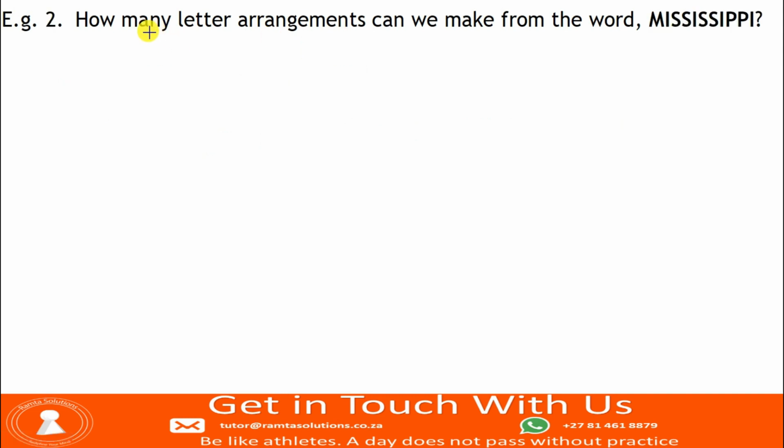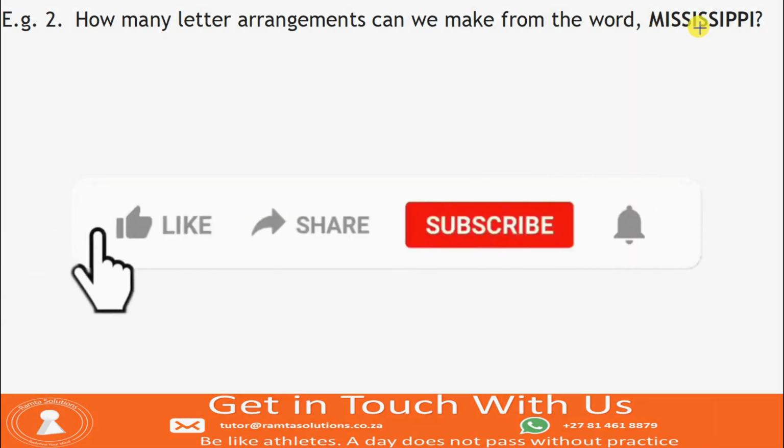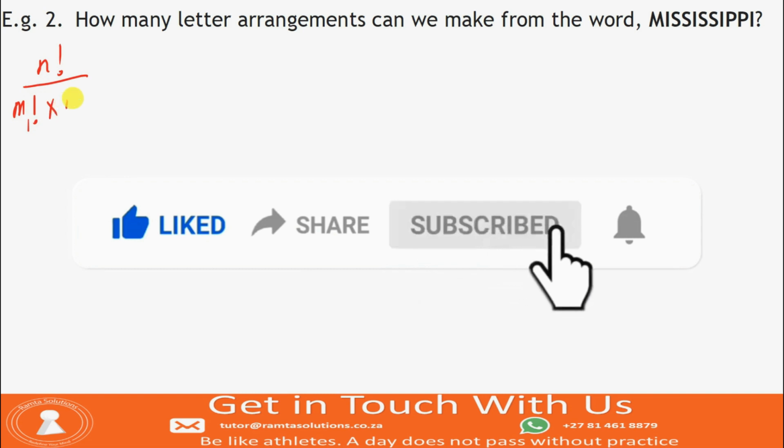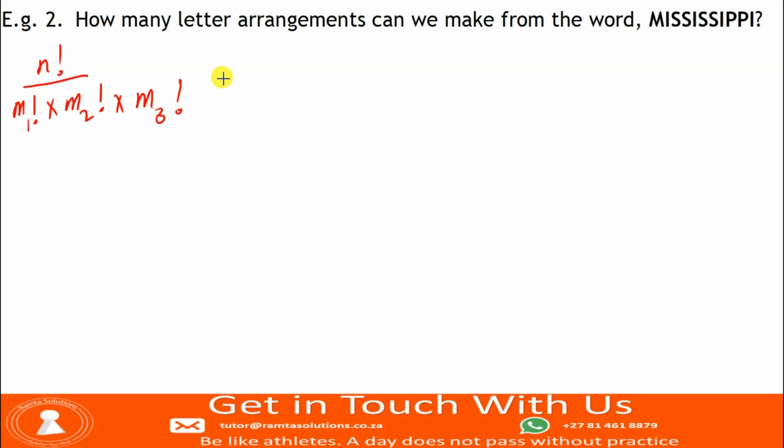The second one says, how many letter arrangements can we make from Mississippi? Mississippi, how many letters? It's 11, right? So n factorial over m sub 1 factorial times m sub 2 factorial times m sub 3 factorial.